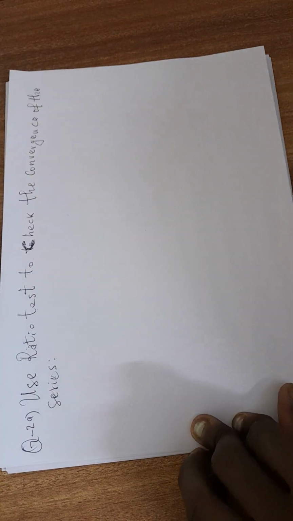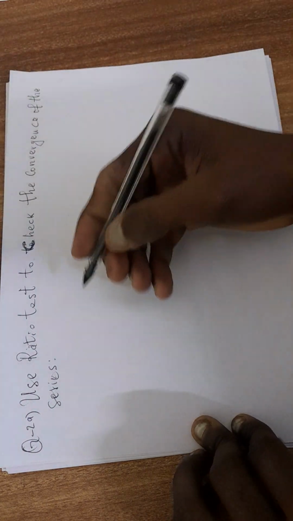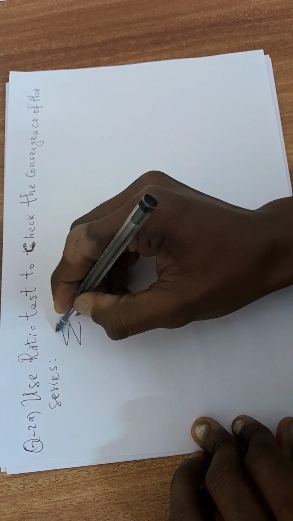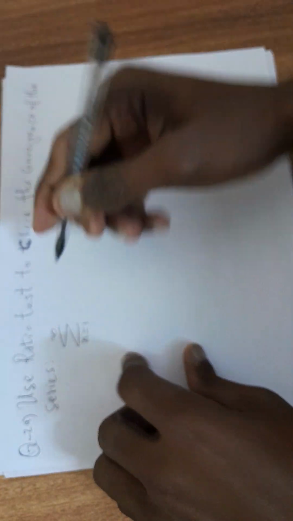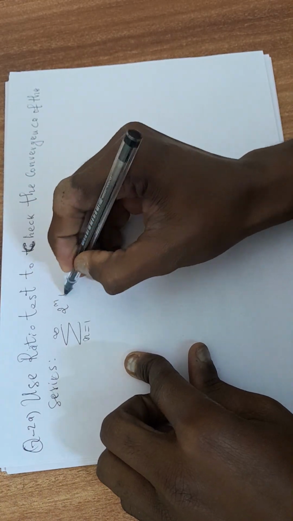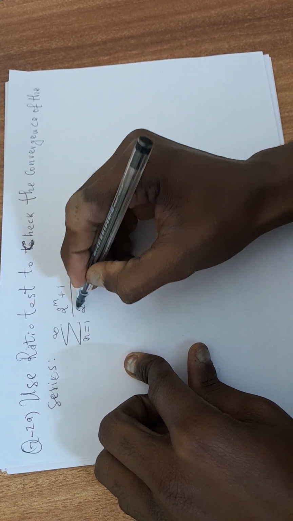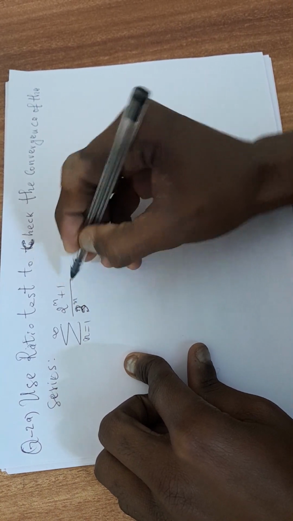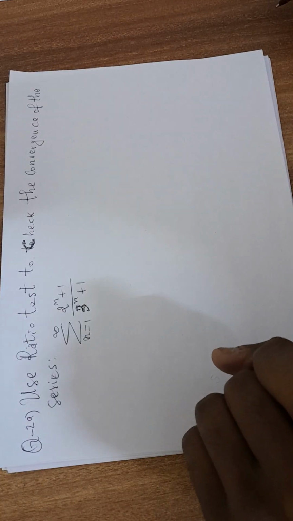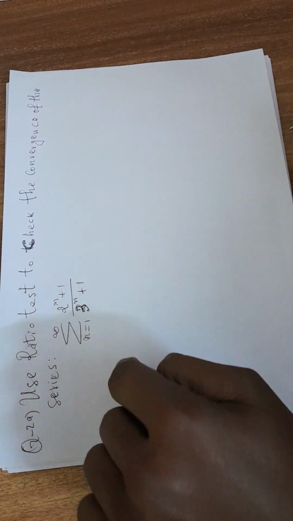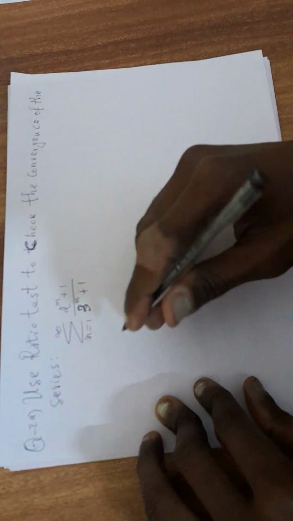The series is the sum from n to infinity of 2 to the power n plus 1 over 3 to the power n plus 1. 2 raised to n plus 1, 3 raised to n plus 1.